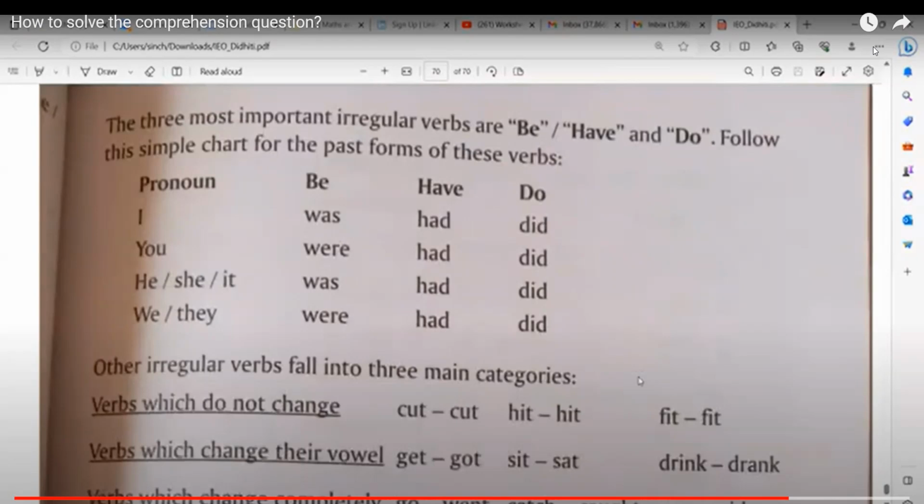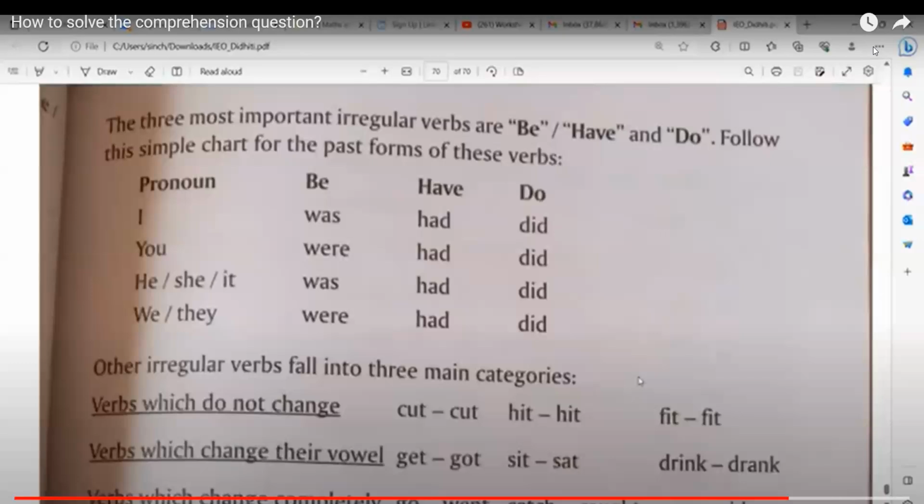Very good. Abhishekta, can you tell me better? What is a regular verb and what is an irregular verb? Regular verbs that are formed with D or ed are called regular verbs. Examples: like, liked, work, worked.